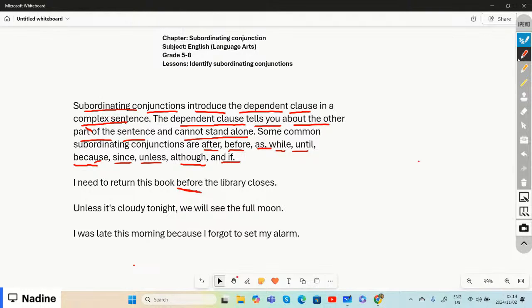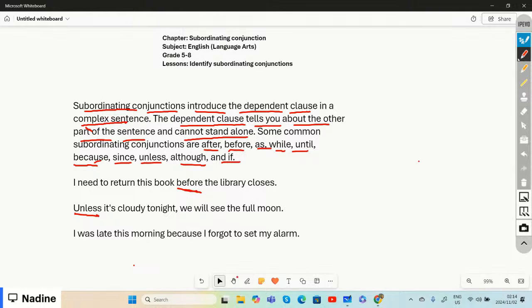So well done. The next one says, unless it's cloudy tonight, we will see the full moon. Which means that we will basically see the full moon unless it is cloudy outside.